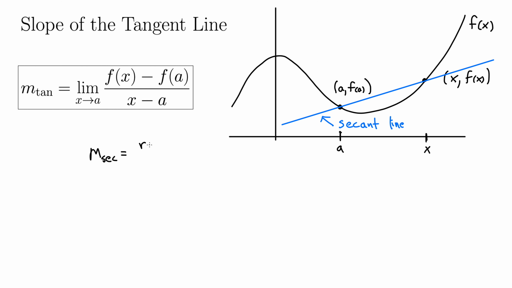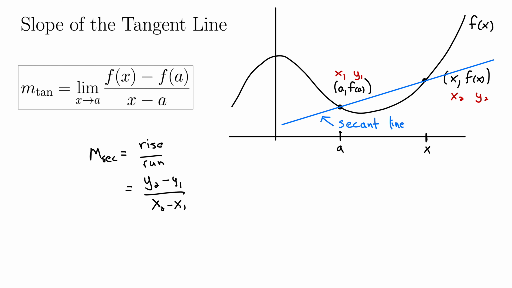That's just the same thing as any line, rise over run. Remember the equation for the slope of a line is y2 minus y1 over x2 minus x1. That's just the rise over run equation. So let's call a, f of a our x1, y1, and let's call x, f of x our x2, y2.